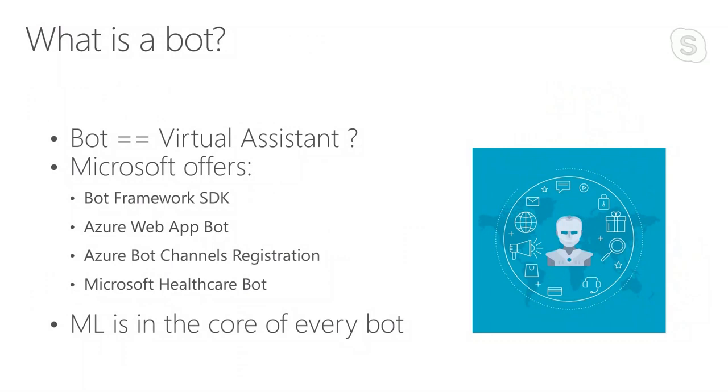So there are two options on Azure when you create a bot. You can create a bot connected to LUIS, so it will already have some machine learning base, or you can create just a simple echo bot there. And I'm going to switch to the portal later and show how you can do that.